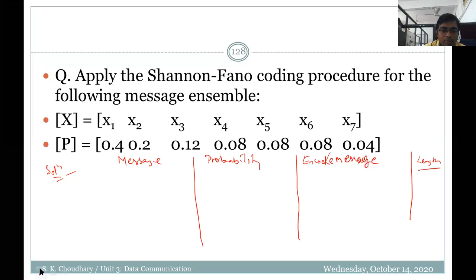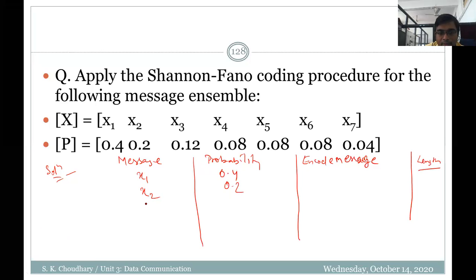Then write the messages in decreasing order of probability. The highest probability is 0.4, so it is x1. Then 0.2, x2.